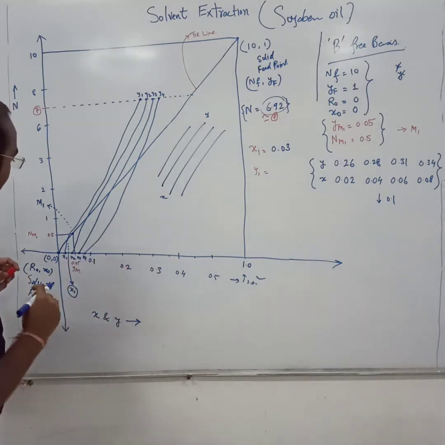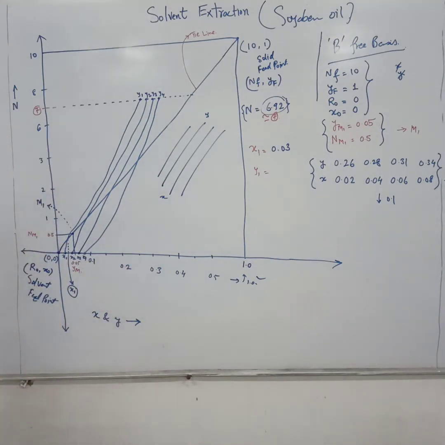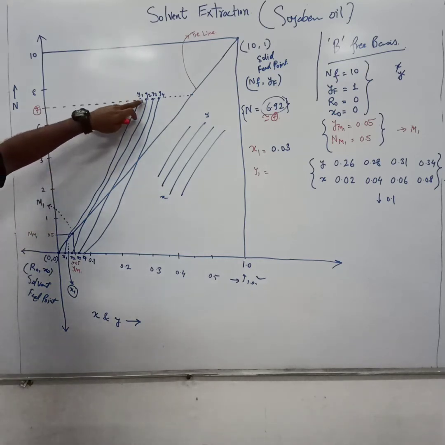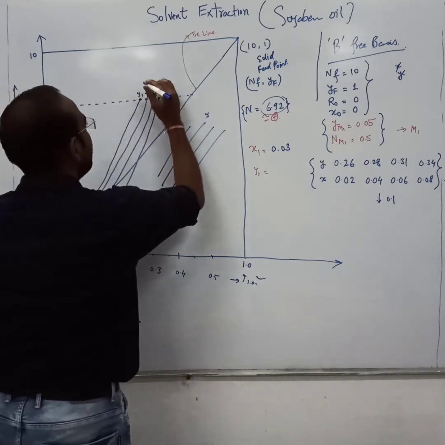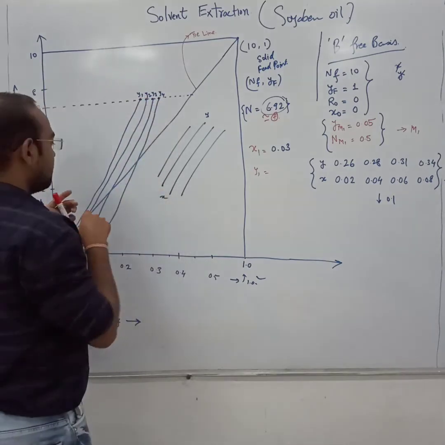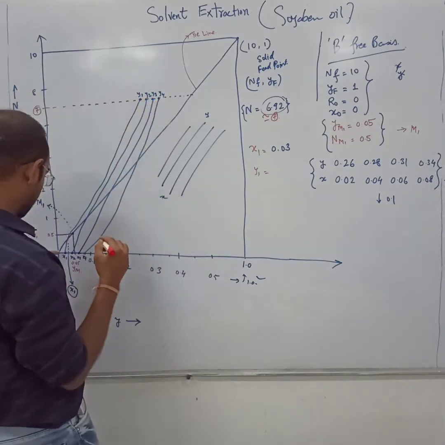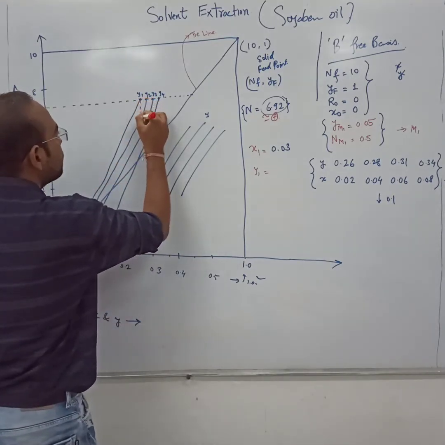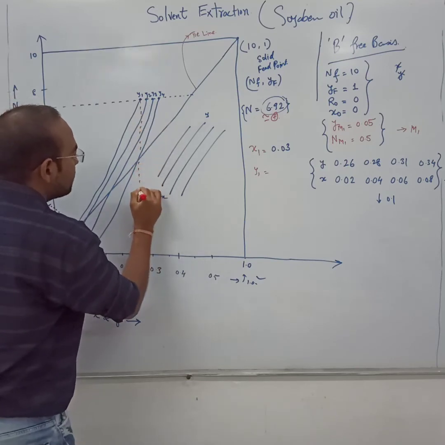Then second thing, similarly the same: the axis cuts your line of N, and draw another vertical line.